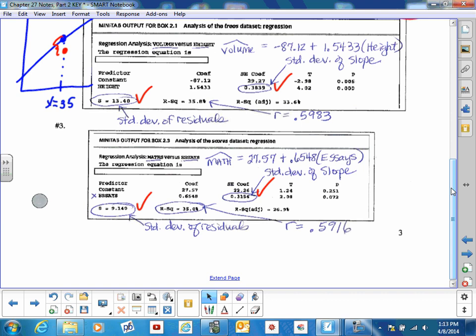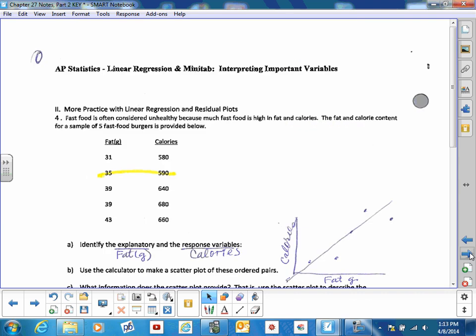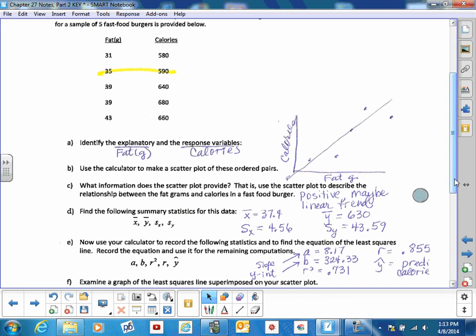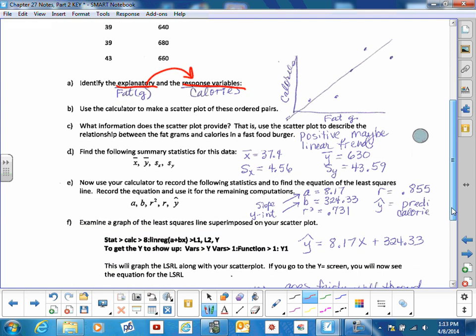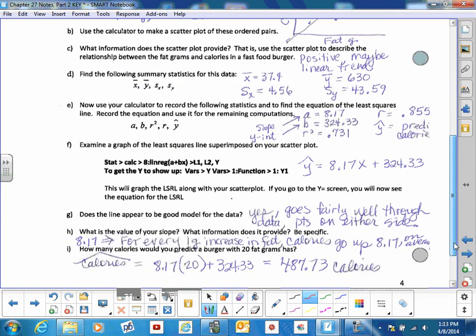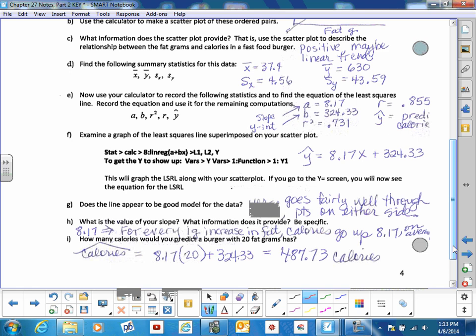Okay. To number 4, you put these things in where the explanatory variable is your fat grams, which we're attempting to predict or have a relationship with the calories. So I'm going to kind of skip this part right here. I know you've collected some of that data from your calculator, one variable stats, all that stuff. Okay?